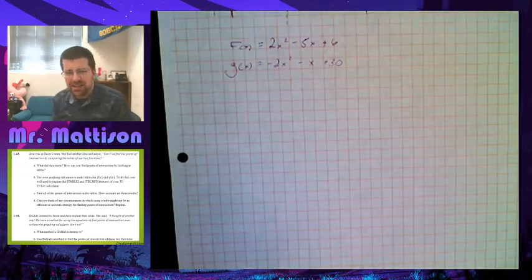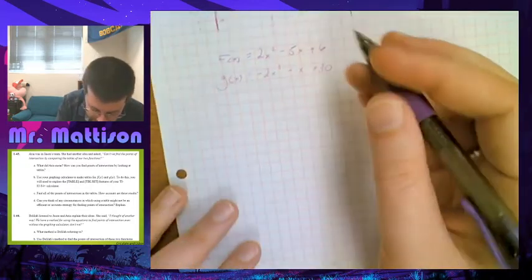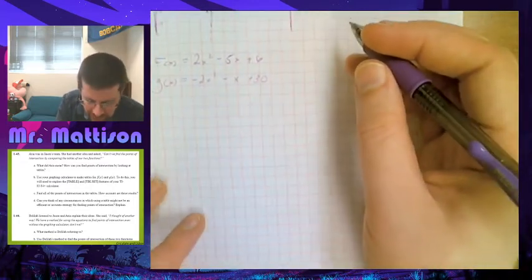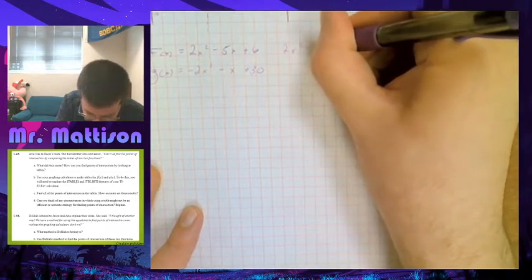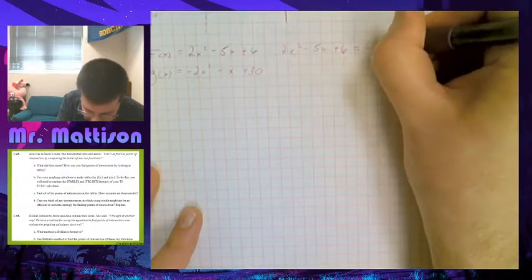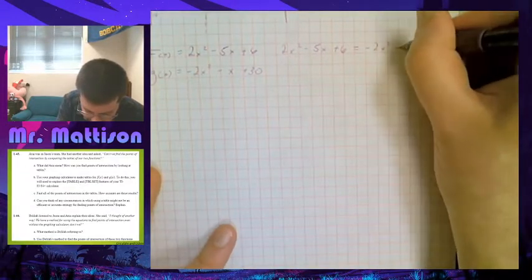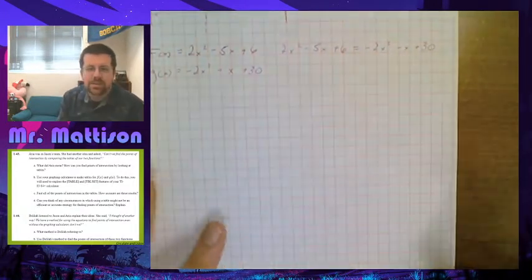And this is probably the easier way, I'm just going to plug all of this in for the f here. So I get one big equation of 2x squared minus 5x plus 6 equals -2x squared minus x plus 30. So I'm trying to solve this for x.